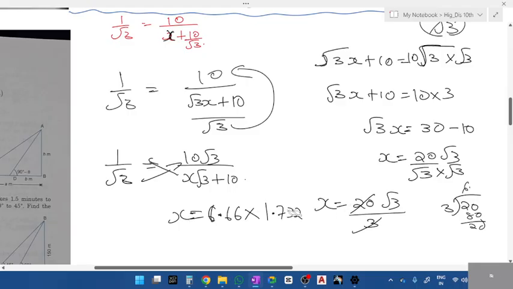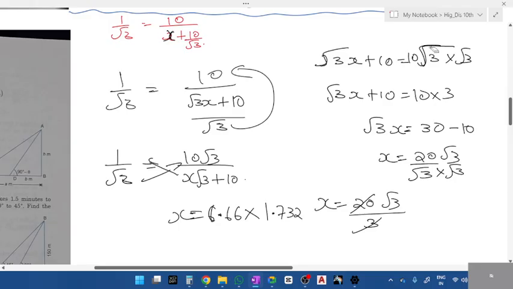All of you got the same value? So just check. Be quick. If you're too slow here, the same thing will happen in the test or exam.